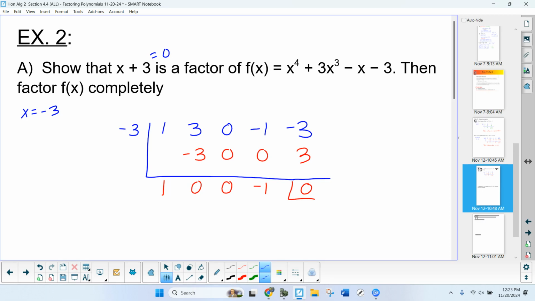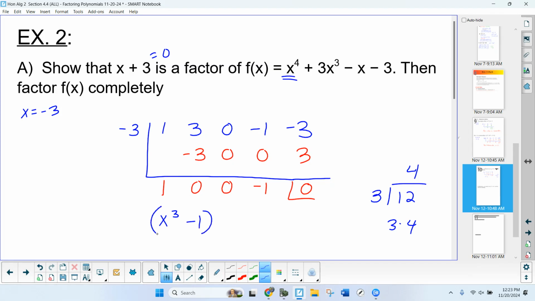Now watch. Remember when we divided. If you divide, let's just say we divide 12 by 3 and you get an answer of 4. Doesn't that mean that 3 times 4 equals 12? Yeah. Okay. What's my answer here? When I divided this polynomial by x plus 3, what did I get for an answer? Well, I have to go down a degree. So this would be 1x to the third, no x squareds, no x's.